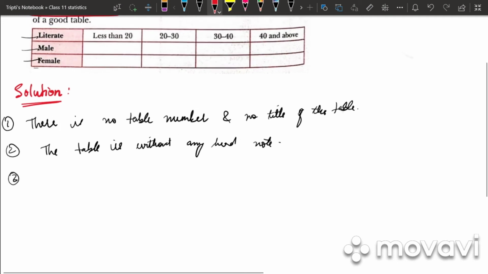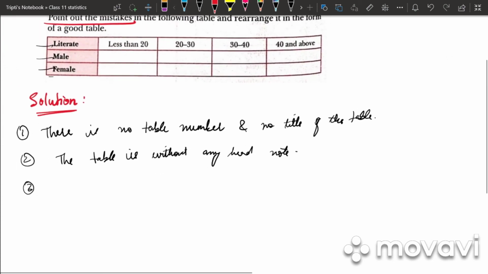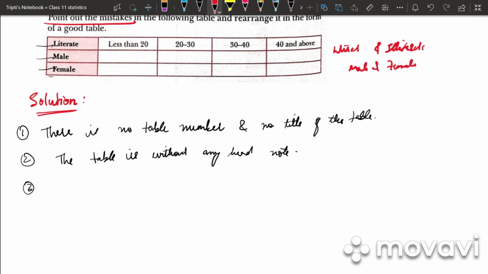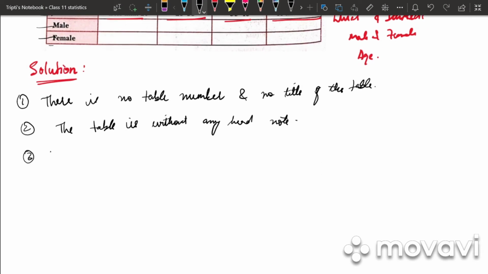What were the separate headings we could be having in this question? One, we could have literate and illiterate. Then we'll have male and female. Then we'll be having age. Age is what? Less than 20, 20 to 30, 30 to 40, 40 and above. So the captions and sub entries have not been entered properly. So write down the third point.